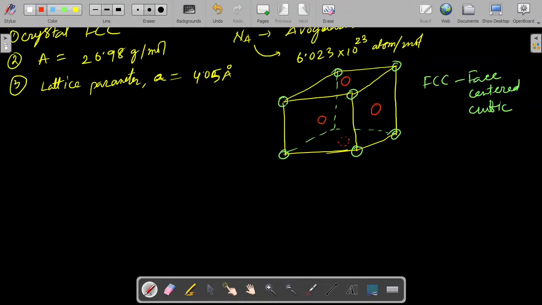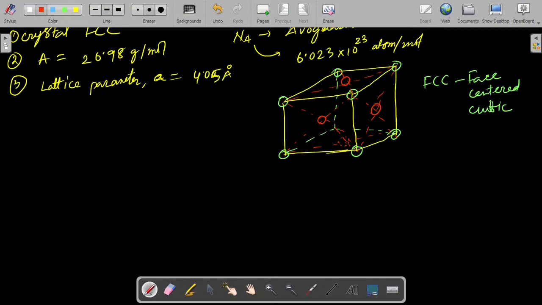So this is in the front face, this is in this face, and this is in the top face, and this is, let's say, on the bottom surface, and so there will be other 2 atoms on the back, these 2 surfaces, right?